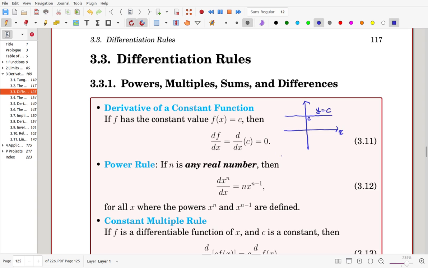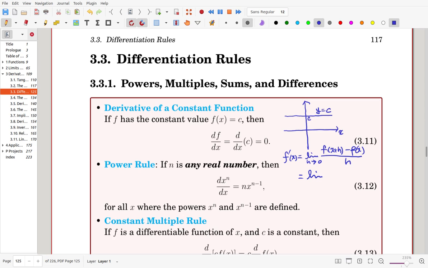Or if we are using the definition, then the limit as h approaches 0 of f(x plus h) minus f(x), divided by h. That is the same as the limit as h approaches 0.